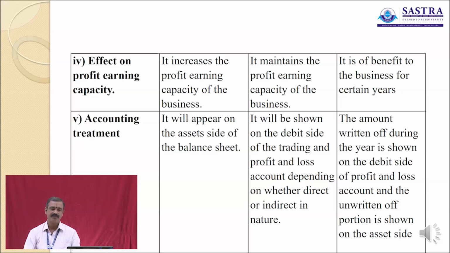So when we compare the expenditures, the capital expenditure increases the profit earning capacity of the business, whereas the revenue expenditure maintains the profit earning capacity. What has been created or raised or increased by the capital expenditure, the profit earning capacity will be maintained by the revenue expenditure, by means of all revenue expenditures met out in a specific period.